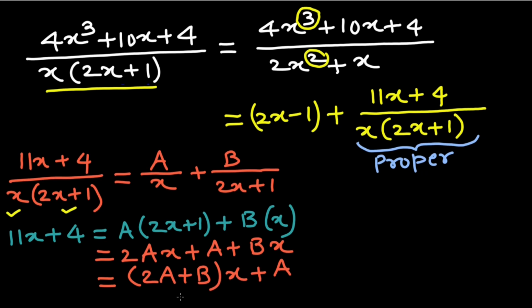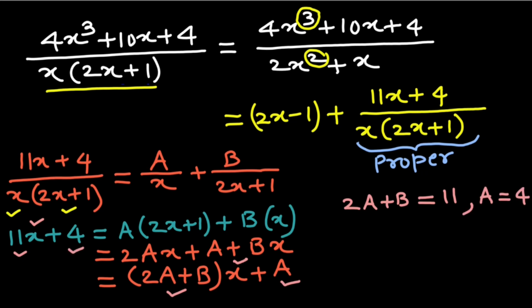Equating the coefficients of the like terms, that is equating the coefficient of the x term, we write 2a plus b equals 11 and a equals the constant term 4. We will substitute value of a here and write 2 times 4 plus b equals 11.